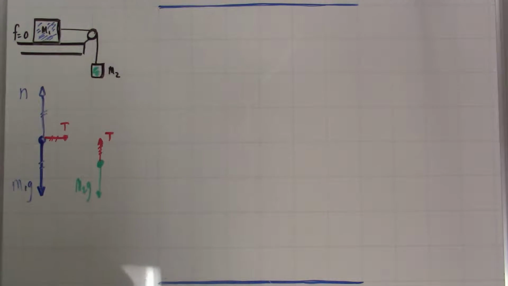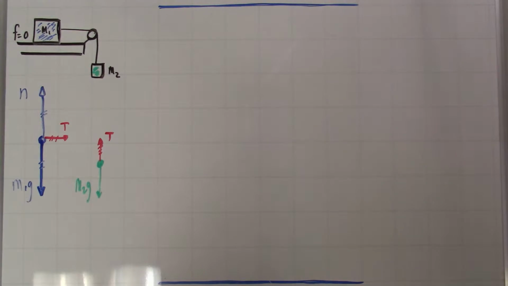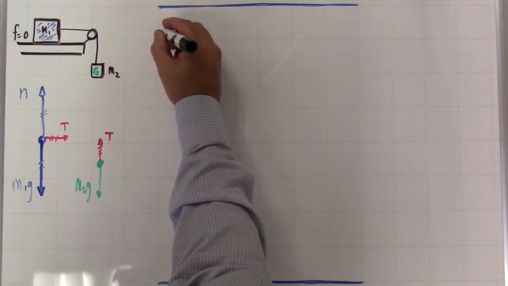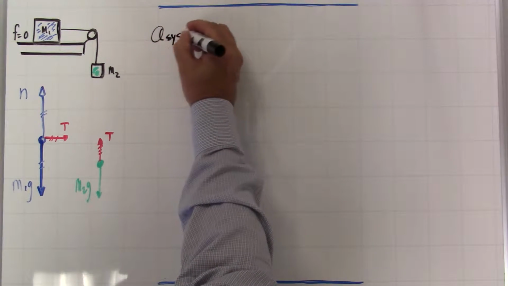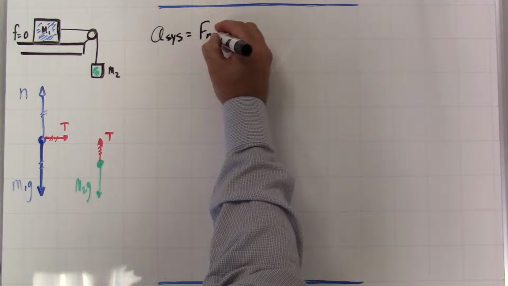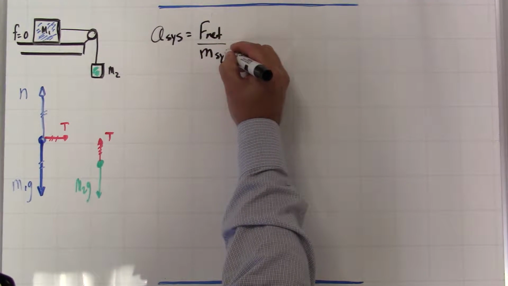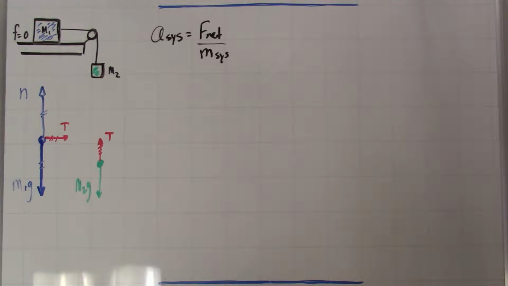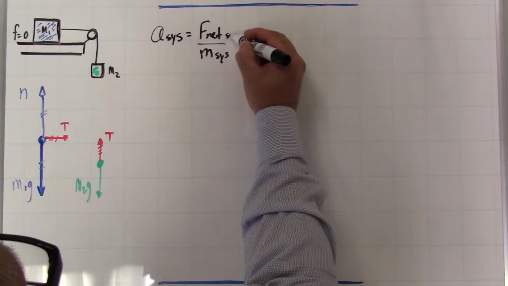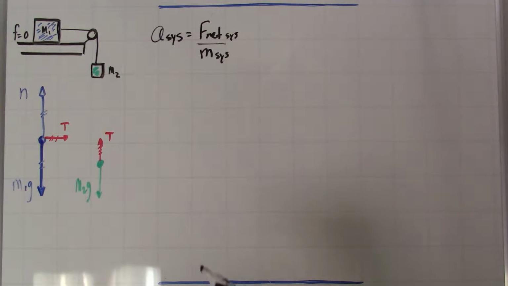To find the acceleration, I want to use a Newton's second law statement for the system. So I'm going to say that the acceleration of the system is equal to the net unbalanced force on the system over the mass of the system. Now what I like about this is, in order to figure out what the net unbalanced force is on the whole system, we have to examine the force diagram.